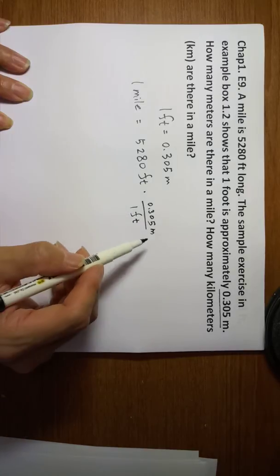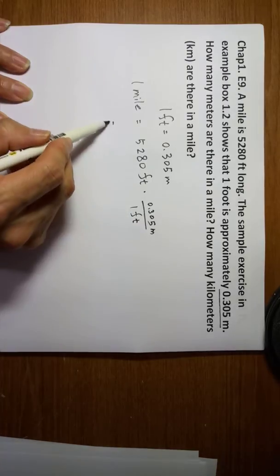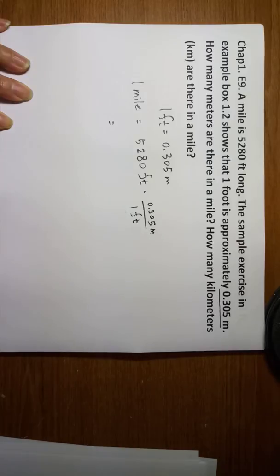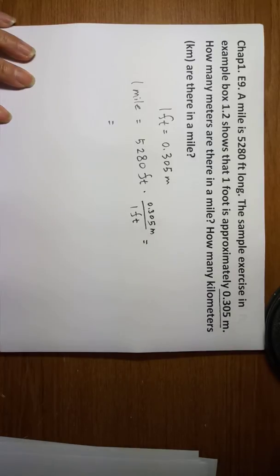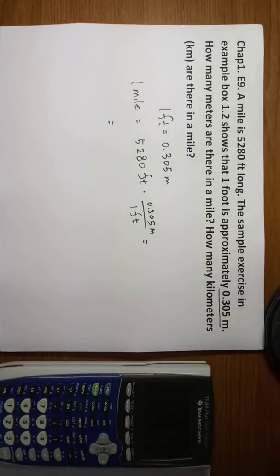Then you can calculate these numbers as meters, and then you can calculate that one as kilometers. Okay, hold on a second, I will bring the calculator. Okay, I brought my calculator.